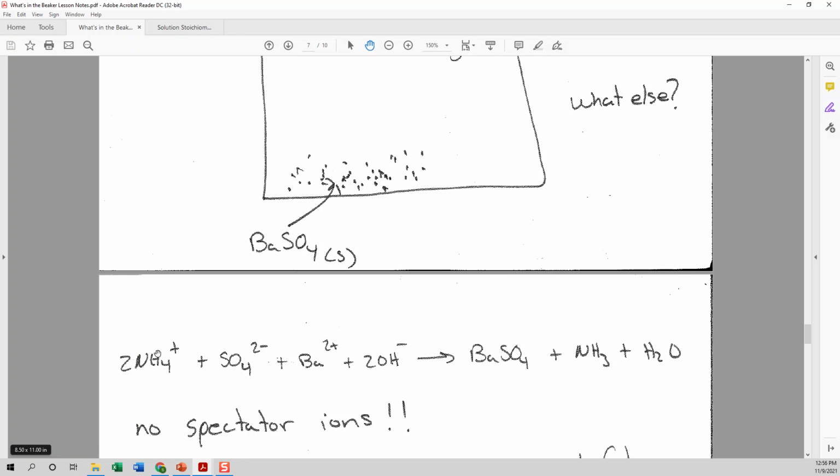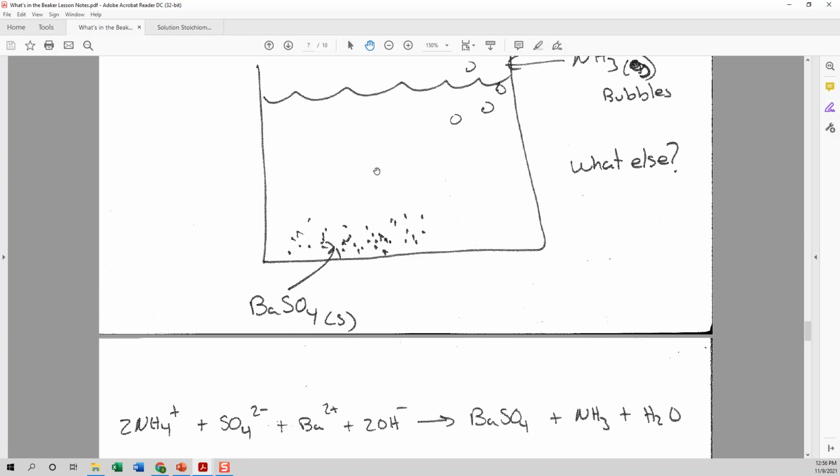Or if we run out of ammonium, then the reaction stops and you'll still have hydroxide. If you run out of barium, you'll still have sulfate. If you run out of sulfate, you'll still have barium. So again, it comes down to stoichiometry, limiting and excess reactants. We've got to figure out which of these ions are going to be our excess ions, and we would still have them dissolved in the solution, right?